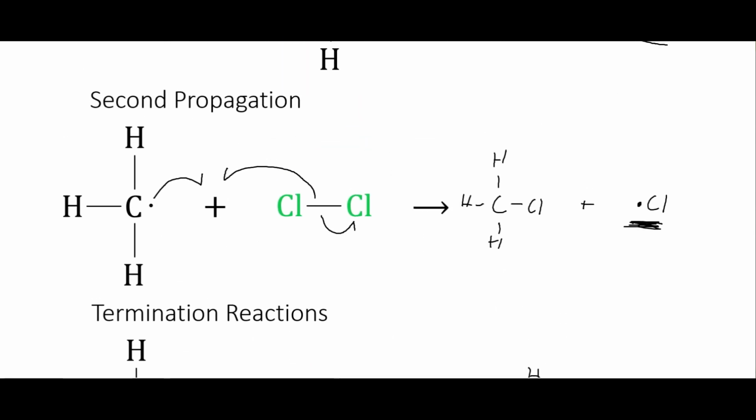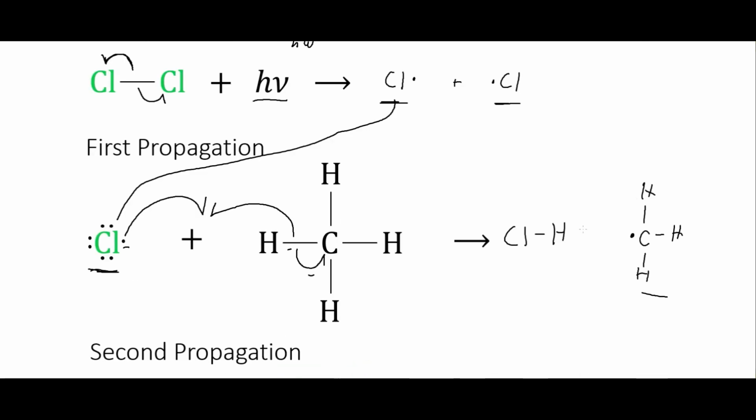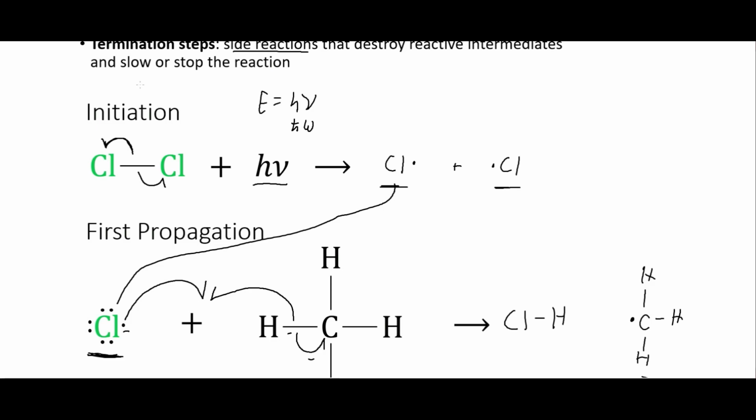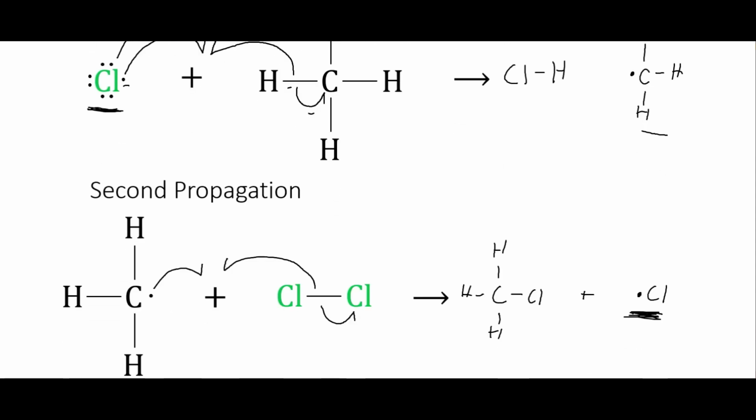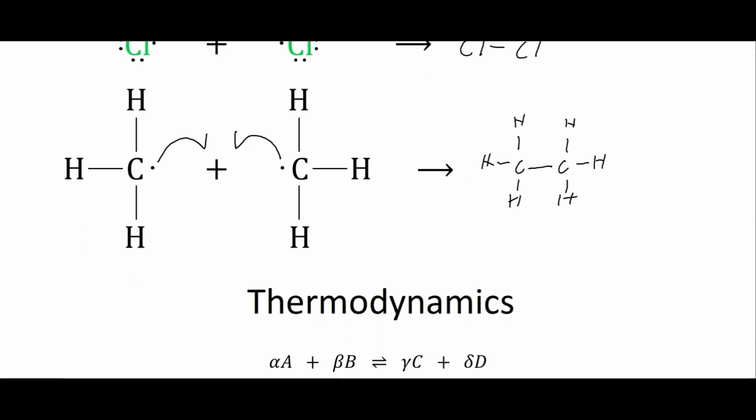Well, it happens fast in the sense that as soon as a free radical is made, it's going to react with something. As we'll see when we get to the kinetics part of this video, the initiation step is not always very fast. So actually producing these free radicals is not necessarily fast. But once you produce the free radicals, then they react extremely fast.